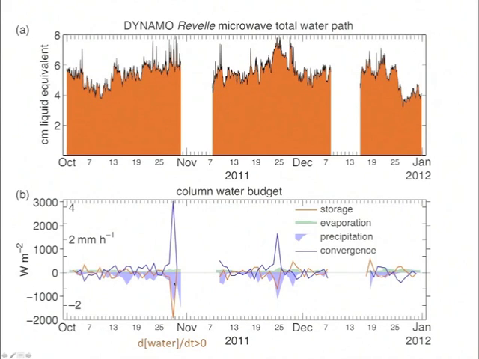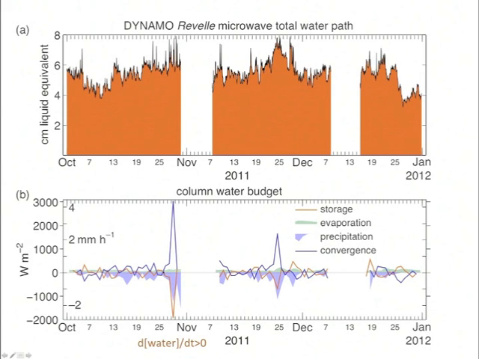So these lines are the precipitation, so they're taking water out of the column. And interestingly, at the beginning of these strong precipitation events, here and here, the storage is acting in a sense that more water is entering the column right as it starts to precipitate.